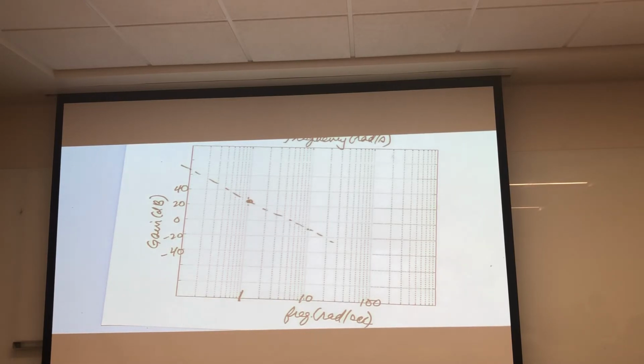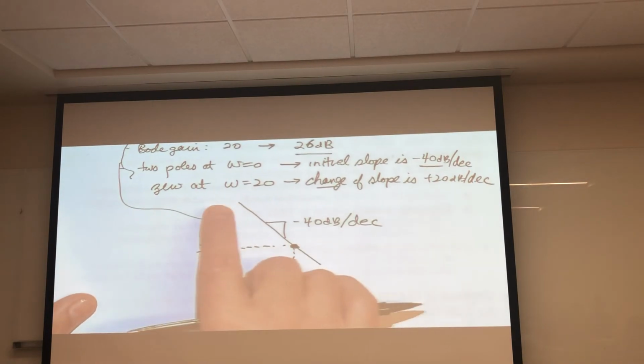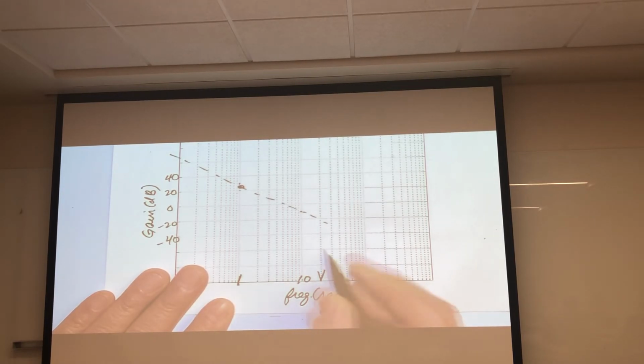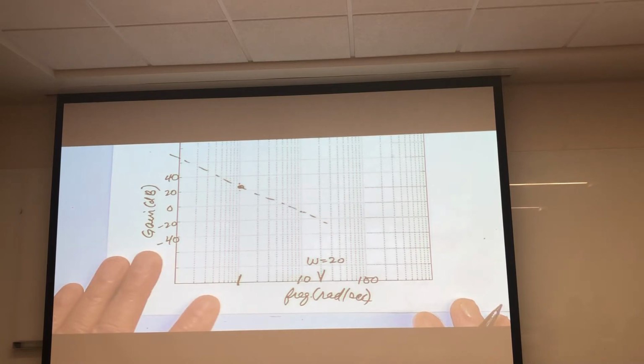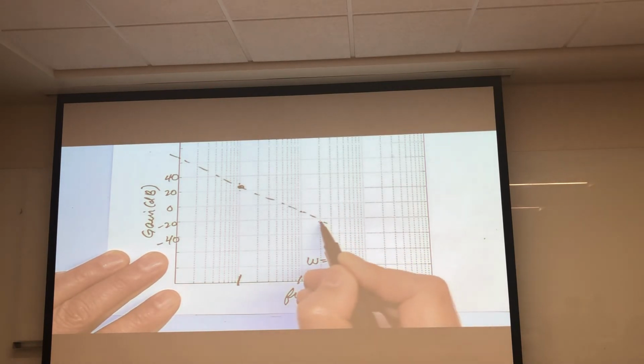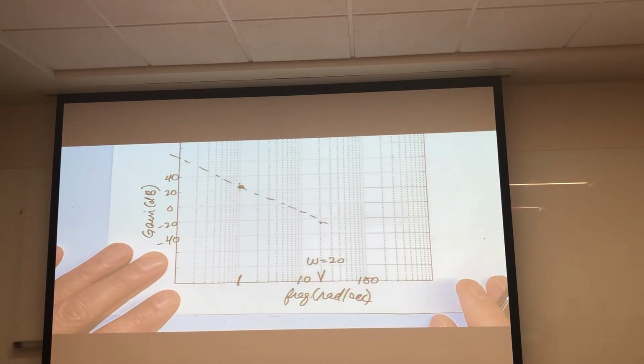I have only one other factor that needs to be dealt with, and that's omega equal to 20. So omega equal to 20 is right here. I basically stay on this line until I hit this point, and then I need to change the slope right about here.